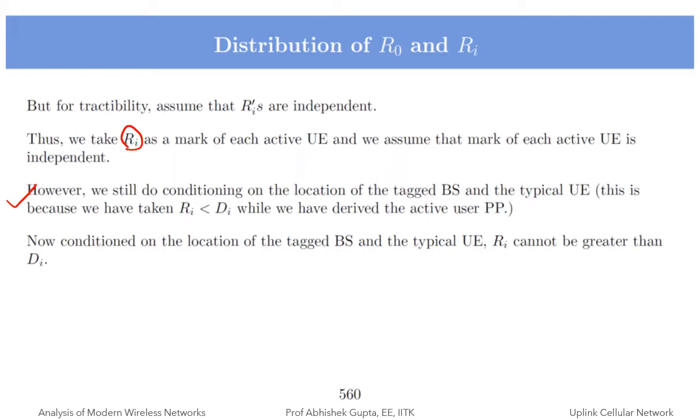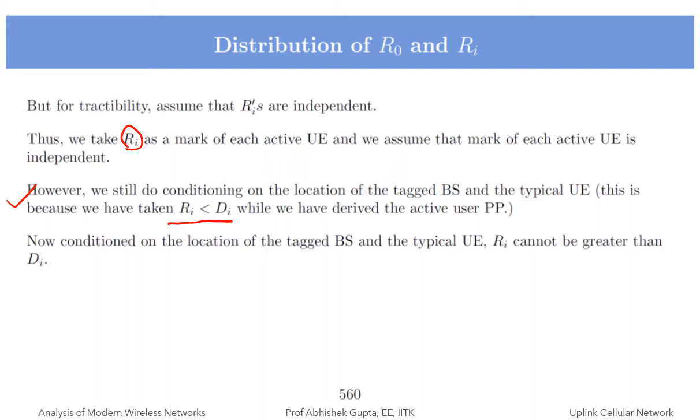So we will not remove the conditioning of the serving base station and the typical user's location over Ris. What is crucial is this, because we know Ri is less than Di. This just means the serving base station of any user would be nearer than the tagged base station from this user, right?